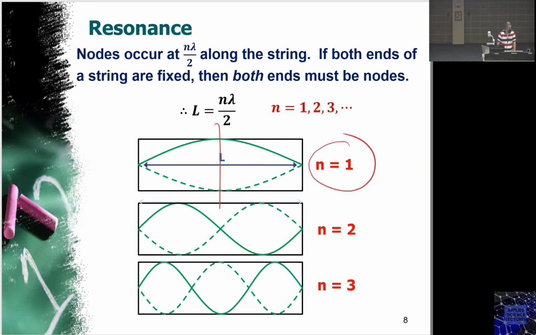And also means that this is the fundamental frequency of the resonant frequencies. So we have here two nodes at the fixed sides, and we have only one antinode.